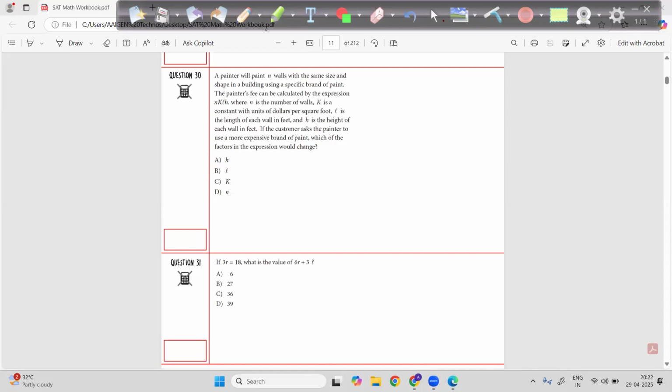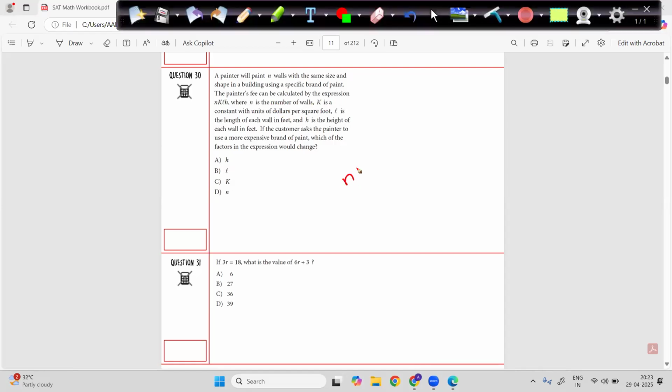A painter will paint n walls with the same size, meaning walls are of the same size and shape, in a building using a specific brand of paint. The painter's fee can be calculated by the expression N K L H, where N is the number of walls, K is a constant with units of dollars per square foot.